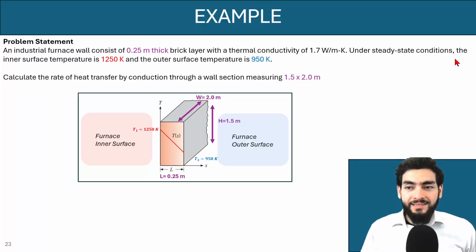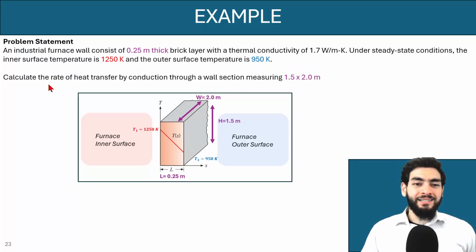Under steady state conditions, the inner surface temperature of the furnace, T1, is 1250 kelvins, and the outer surface temperature is 950 kelvins.